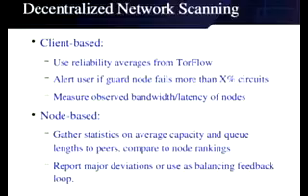So how do we address some of these issues? Well, decentralized network scanning can make scanning a little bit more stealthy, a little bit more difficult to detect. Unfortunately, you lose the content-based scanning mechanisms, which we can pick up by basically securing the application layer. So the options we basically have are client-based. You can use the reliability averages from TorFlow that you gather from centralized scanning.